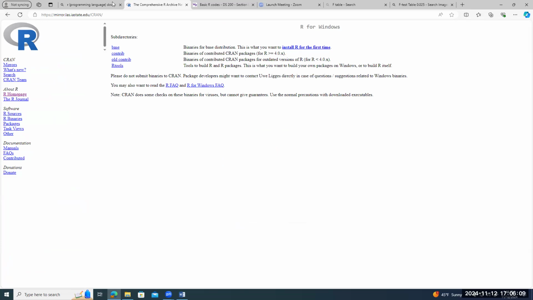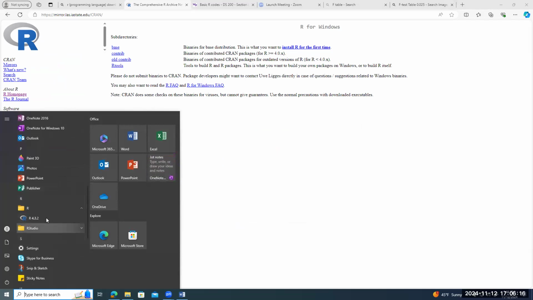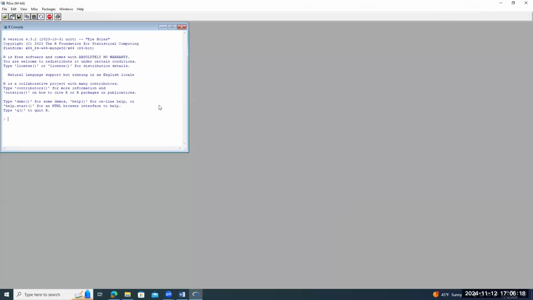Okay, those people who already have R, go and open the R, okay? Open the R like this, so you will get this type of thing. Isabella and Tyler, do you have R in your computer? Yes, I do. How about Isabella? Are you installing, downloading?